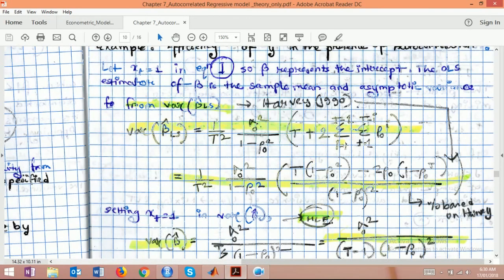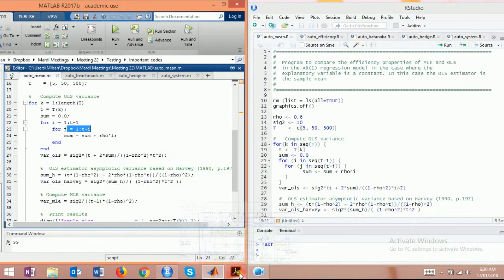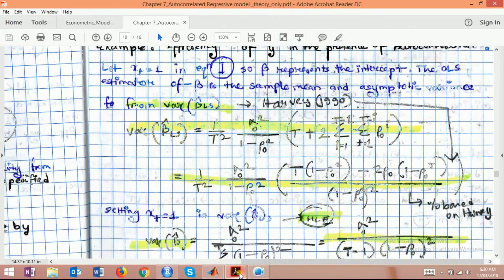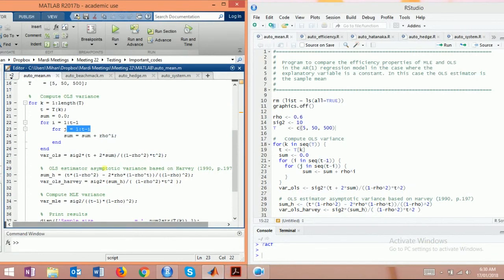Then we are taking the sum, sum plus row i. Sum is 0, so that it iterates. For j equal to 1 to t minus i, sum is sum plus row i.